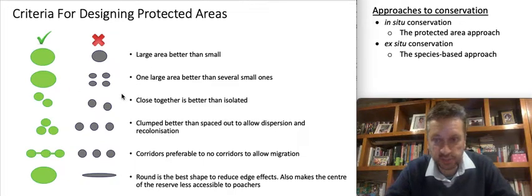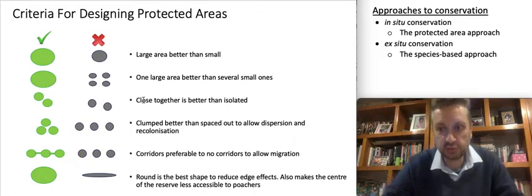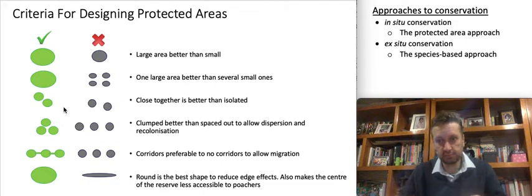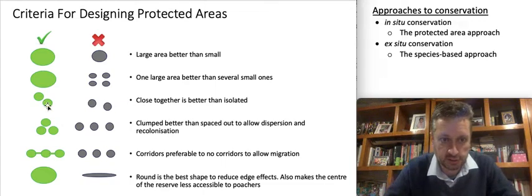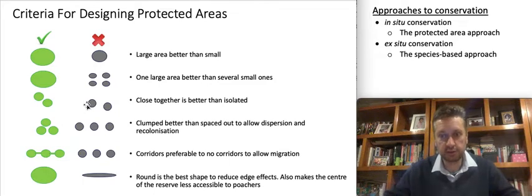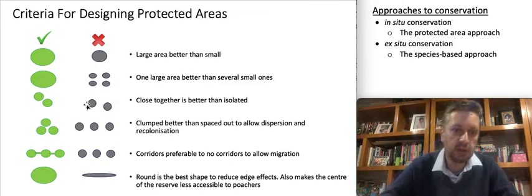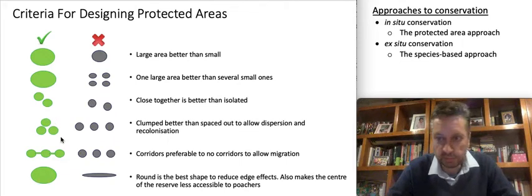One large area is better than fragmented areas or islands of land to make your protected area. If you have to have separate areas, then certainly areas that are close together are better than isolated, or areas that are separated by a large distance. Much better to clump your protected areas together rather than spread them out.